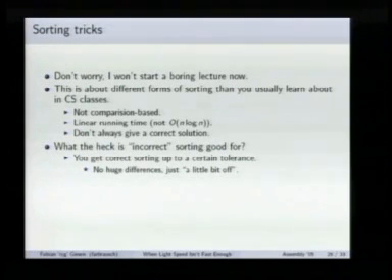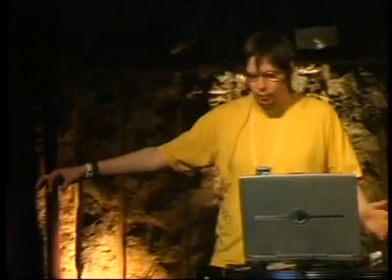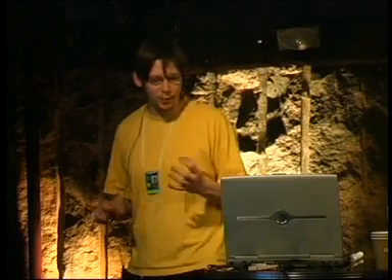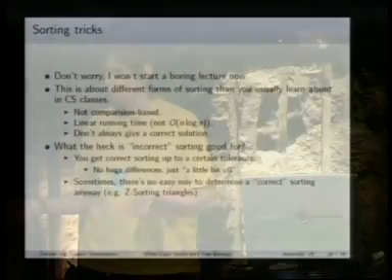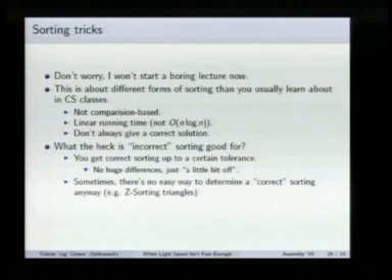So you don't have things that are really far off from where they should land, but it's just a little bit off. And in some cases, for example, there's no easy way to determine a correct sorting order anyway. For example, when you're Z-sorting triangles, because you want to paint them in some order, no matter what value you sort by, middle point of the triangle, whatever, there will always be cases that don't work correctly.